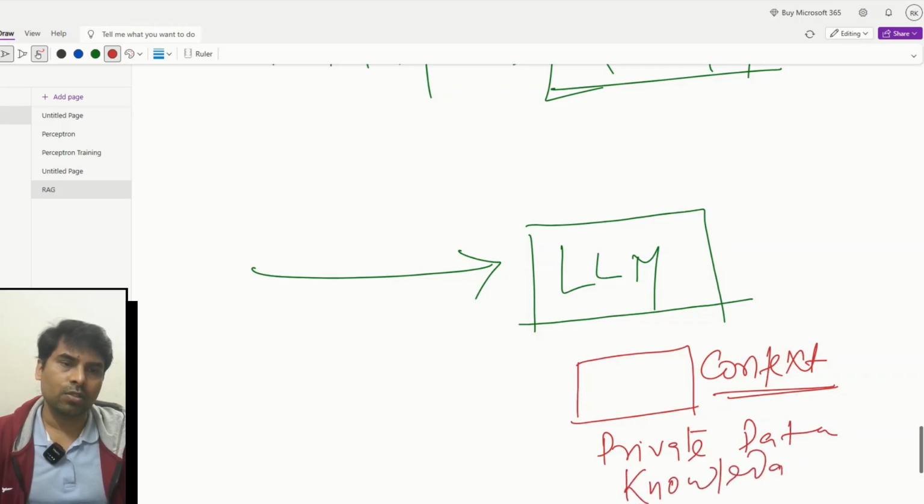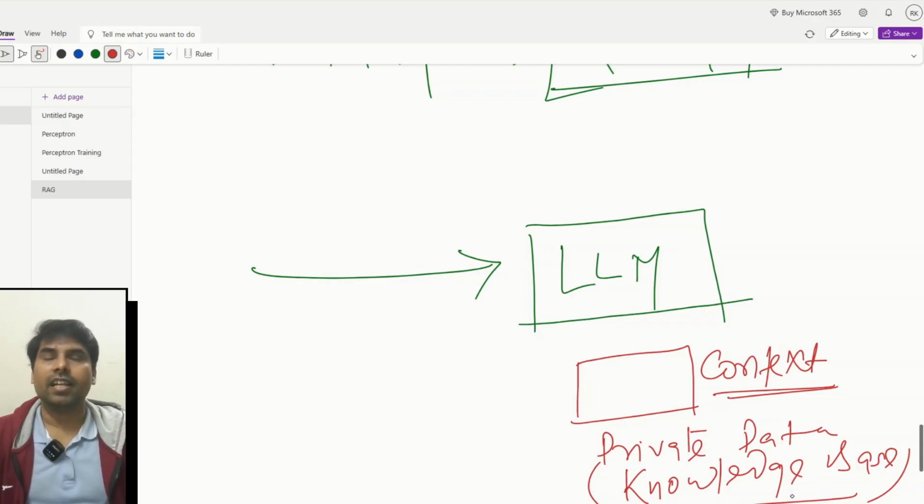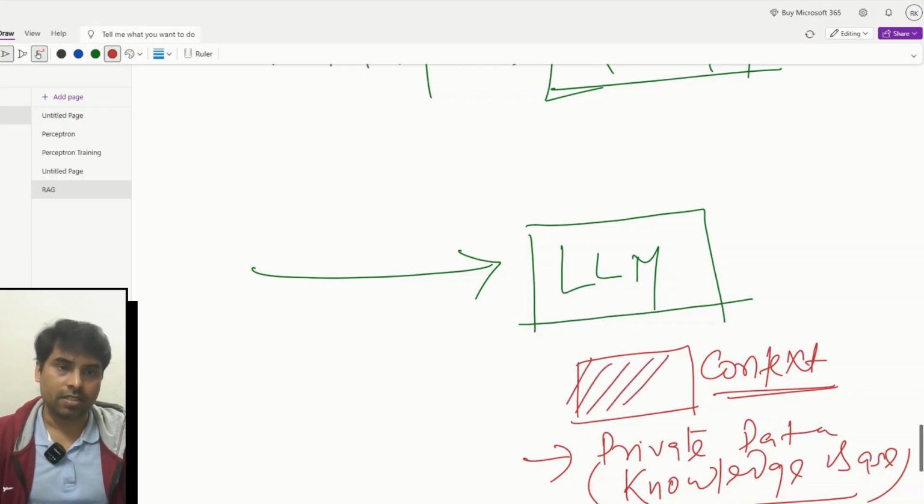Let me create my own knowledge base which is not available publicly. It can be banking data, insurance data, financial data, or any private data which is not available on the internet. The LLM initially has not been trained on this private data, but I can maintain a knowledge base here.